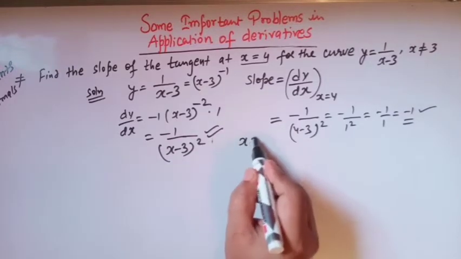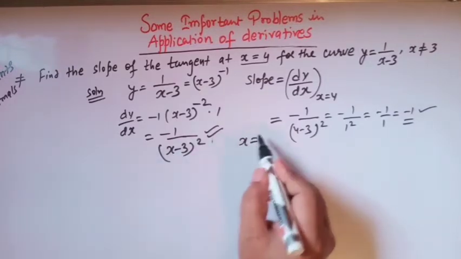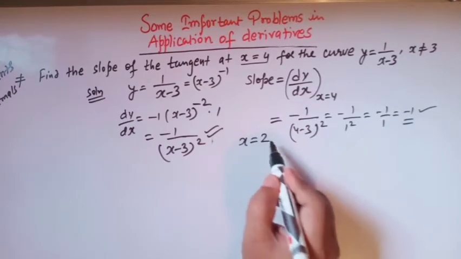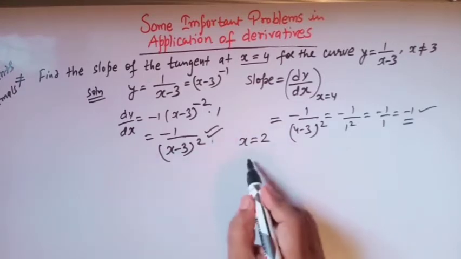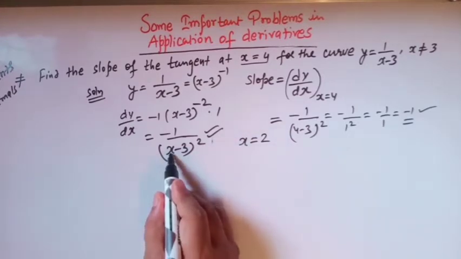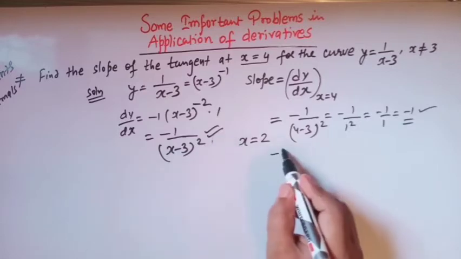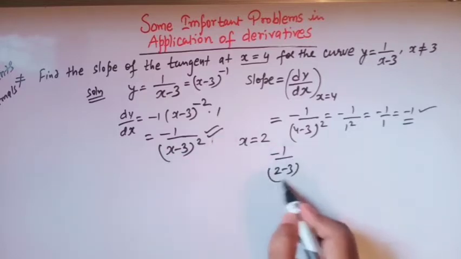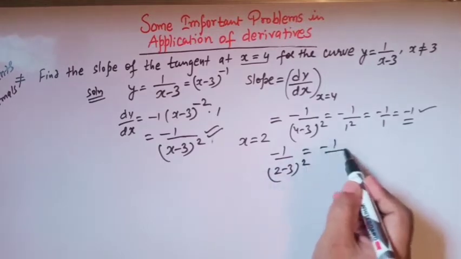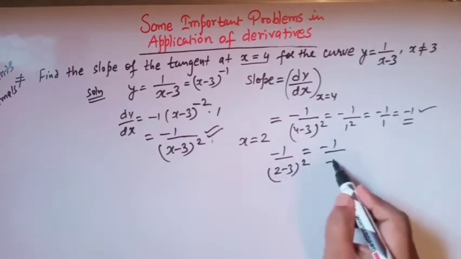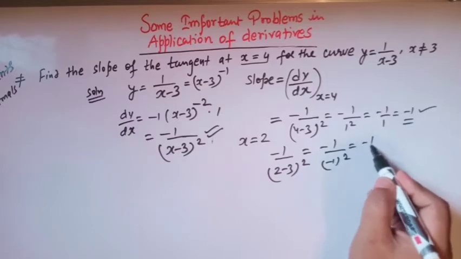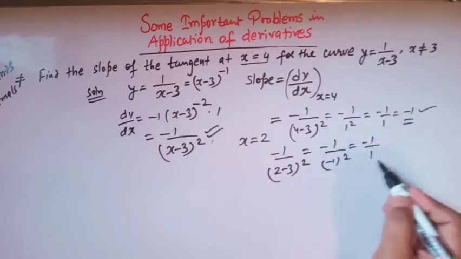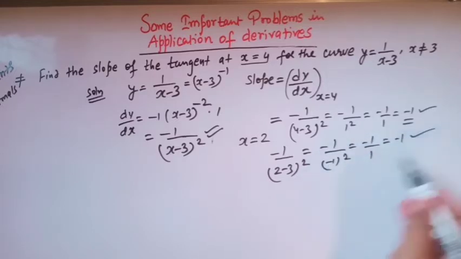Suppose we have to find the slope at x equal to, say, 2, then we'll substitute x equal to 2 here. So we have minus 1 over 2 minus 3 square. So again we have minus 1, 2 minus 3 is minus 1, square is 1, so we have minus 1.